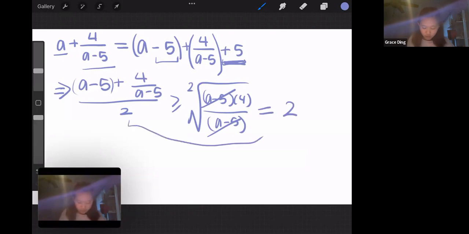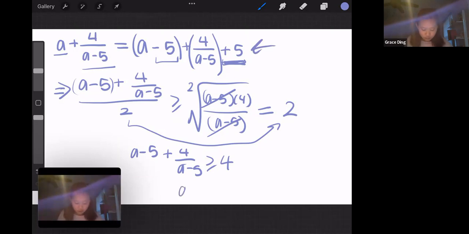So when we move this over, A minus 5 goes more than or equal to 4. So once we add in this 5, that means that we're more than or equal to 4 plus 5, which is equal to 9.